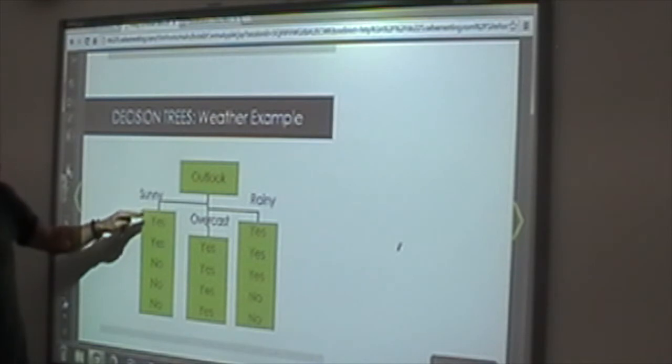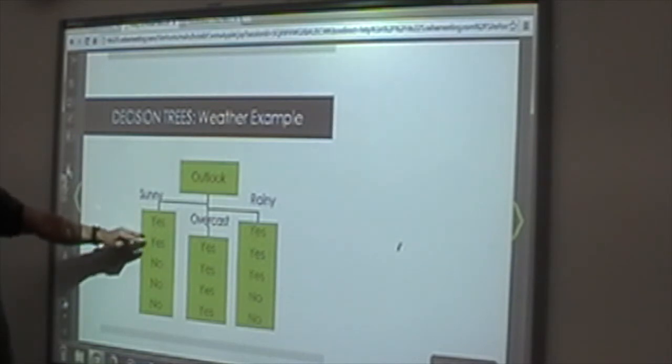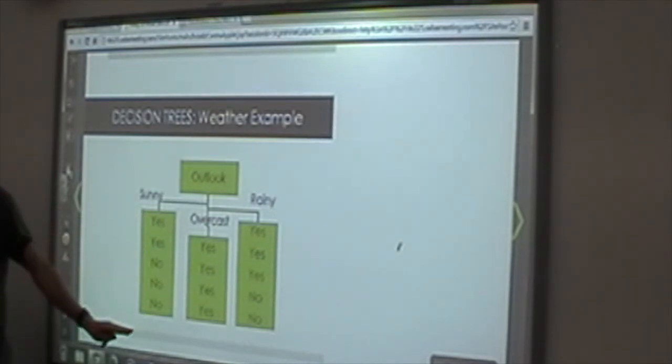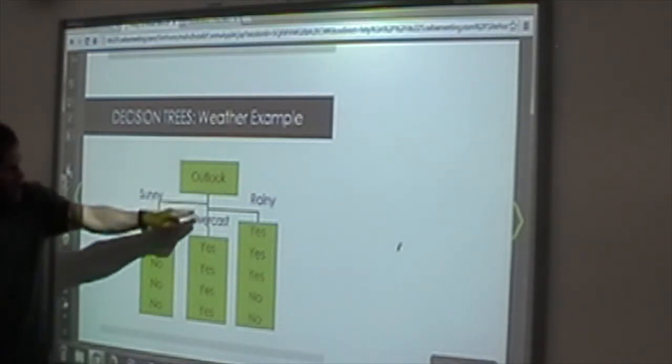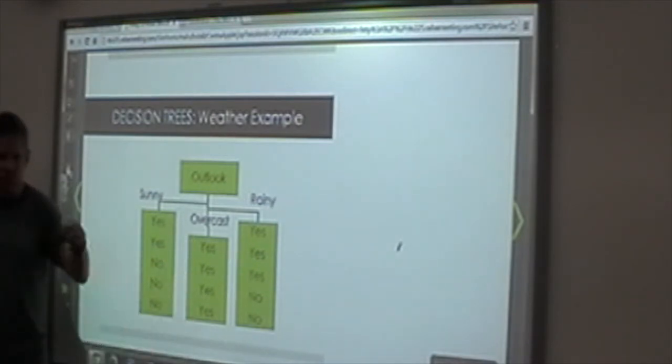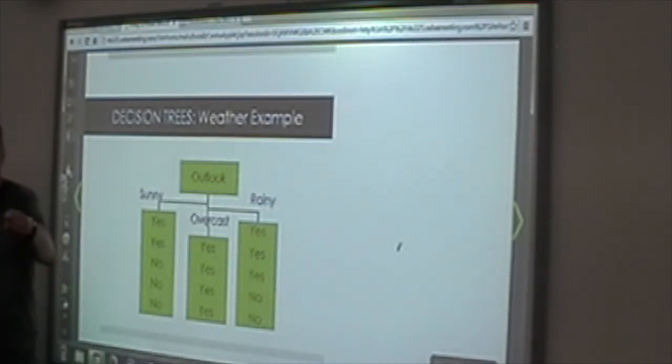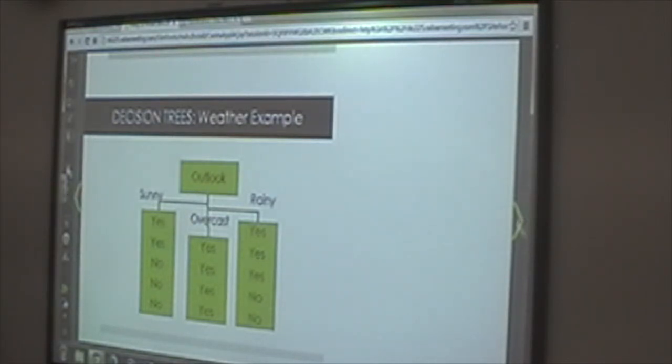When it's sunny, we have 2 instances where it was yes and 3 where it was no. We had overcast, 4 instances. The yeses and nos are to play. So the yeses and nos correspond to the class decision.